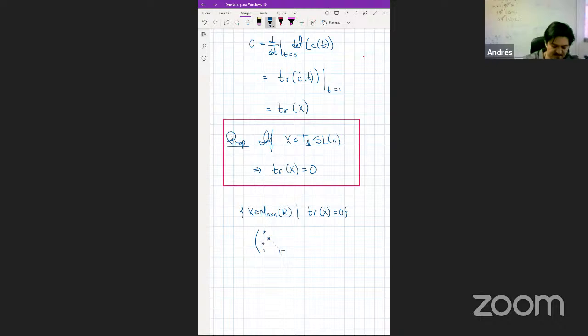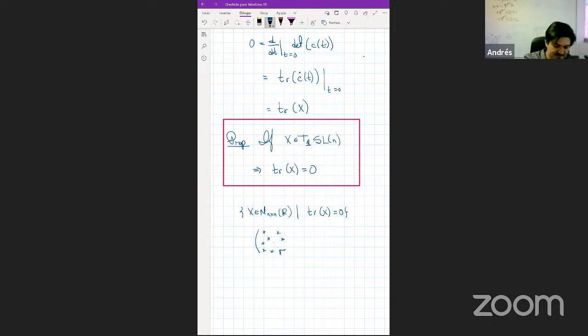You can put whatever you want here, except I just decided to take the lower part. Here, you must put the negative of the sum of the other entries on the diagonal, right?